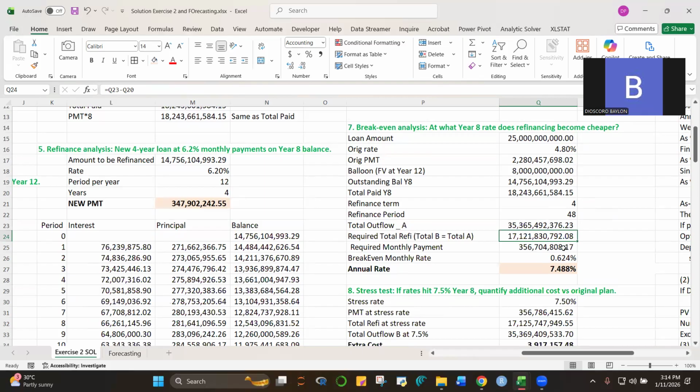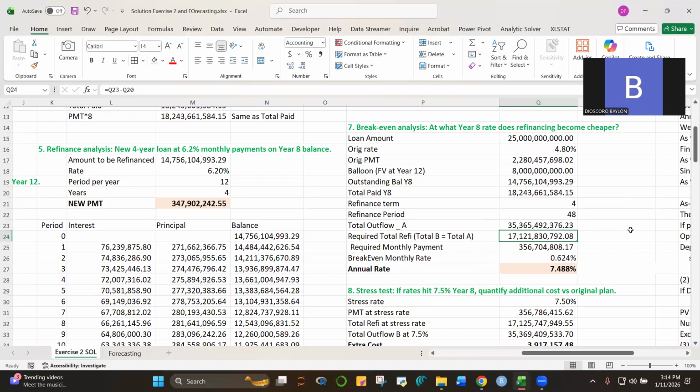The total amount to be paid for years 9 up to 12 should be at a max of 17,121. If this was greater than 17,121, then that would mean that the refinancing would be higher, would be more costly. So we can go as far as 17,121.